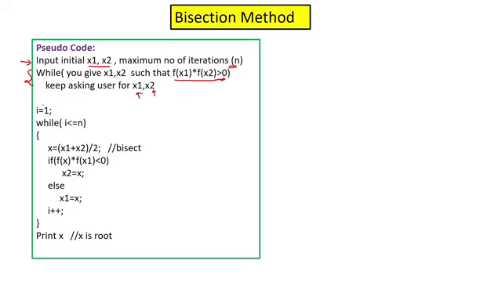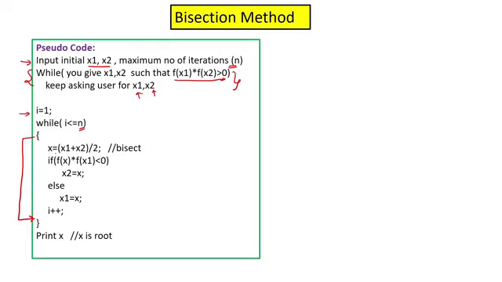Let's say you got correct values of x1 and x2 from this part. Now you run a loop from i equal to 1 to the maximum number of iterations, and you repeat these steps again and again.